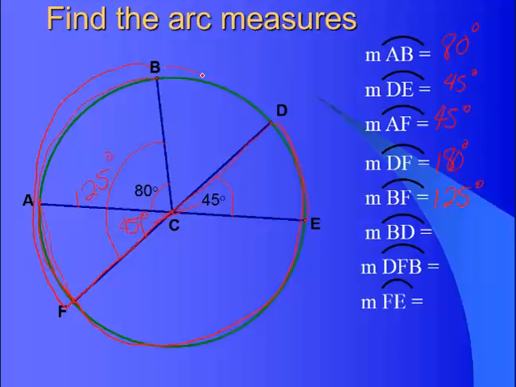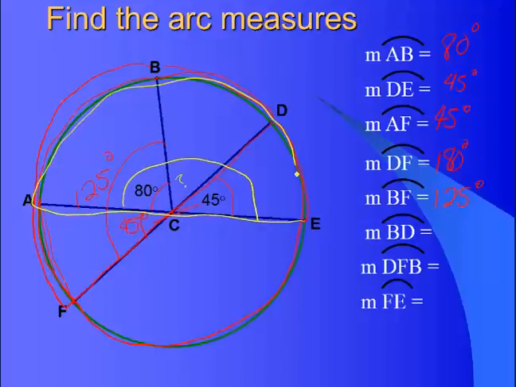B to D, how are we going to find that? We don't have anything here. So what's our strategy going to be there? Any ideas? Okay, well, I see that these three angles together here, this 45 and 80 and our unknown, if I put them together, I make this diameter or semicircle all the way around here, which is 180 degrees.